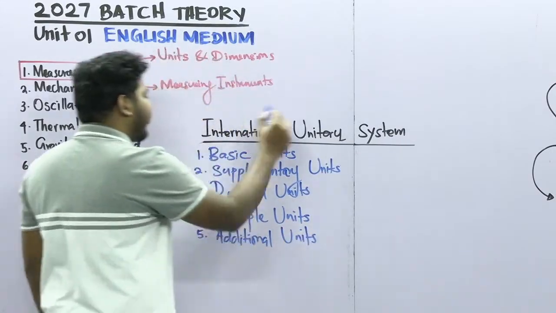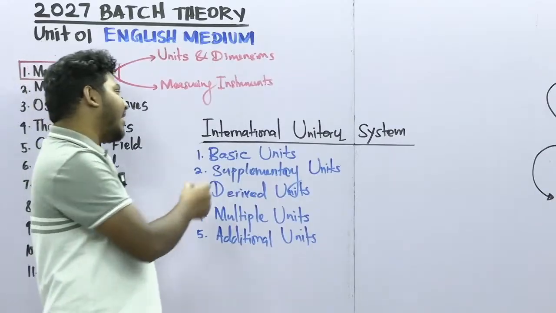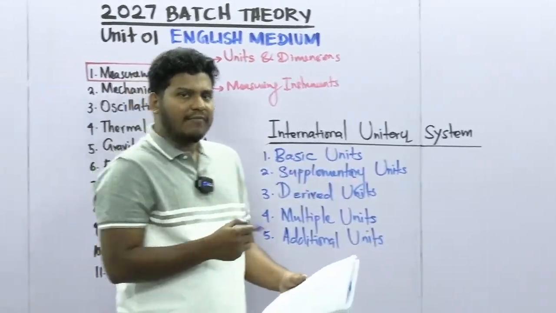So these are the units, guys. They divide the system into 5 kinds of categories.